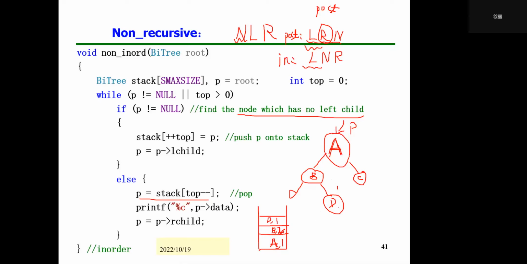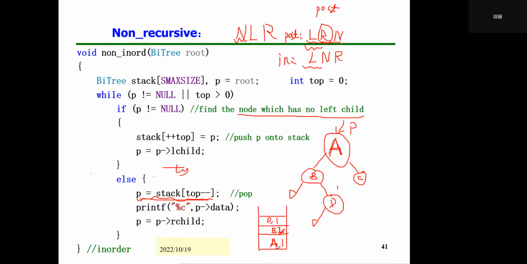Left of D is none, so we pop D. So here, for the post-order, we need to define a struct here. Typedef. Okay, so we push D1 and go left. So we pop D1 and push D2.